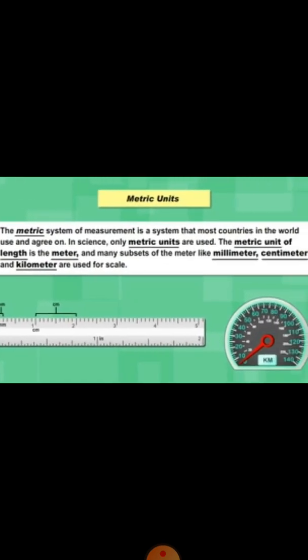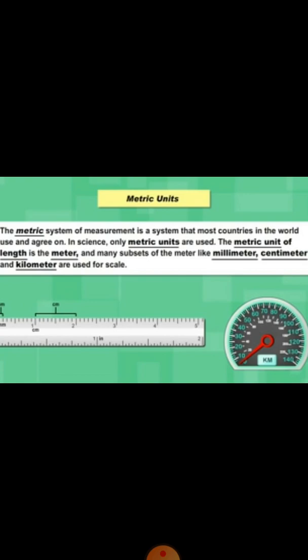But hands of all persons are not the same. Feet of all persons are not the same. Then what will we do? We can use standard units to measure the length of things, or we can say metric units. What do we use?